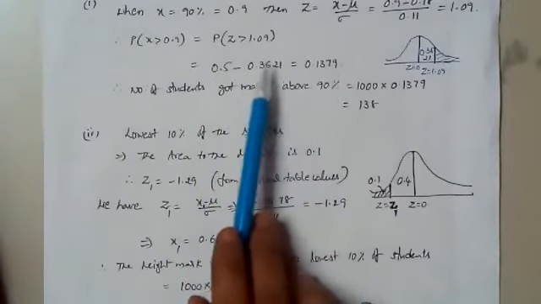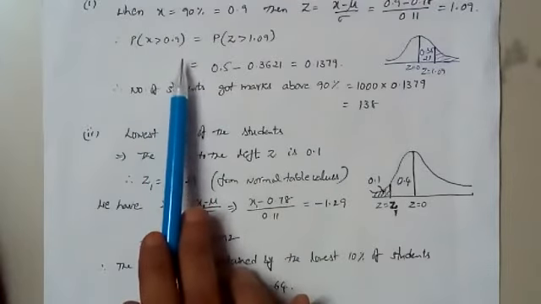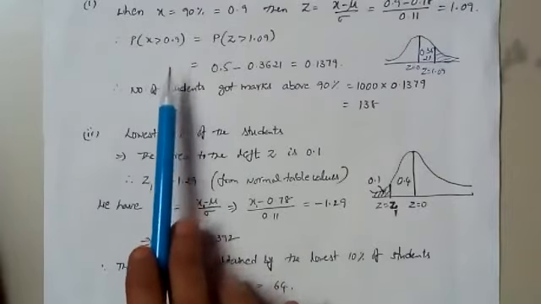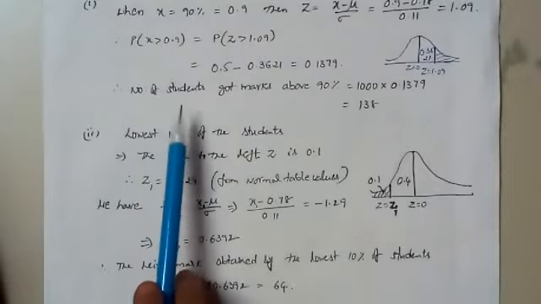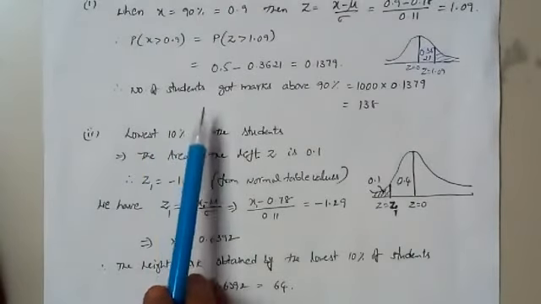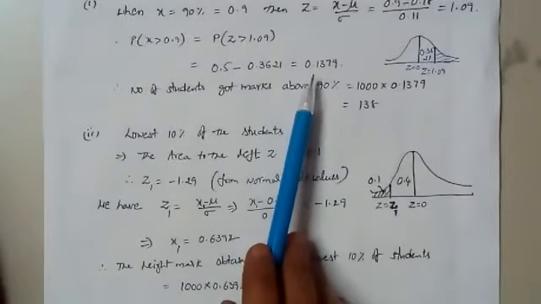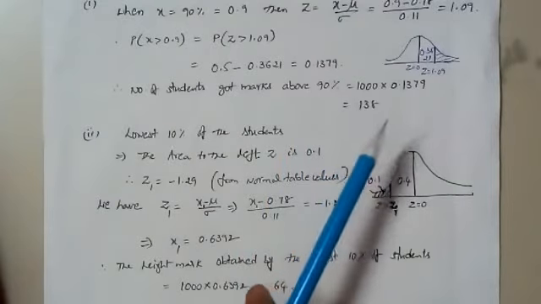So this is the probability of x greater than 0.9, that is above 90%. So you have to get the number of students. The number of students is given as 1000. So 1000 into this, above 90% marks, the students count is 138.